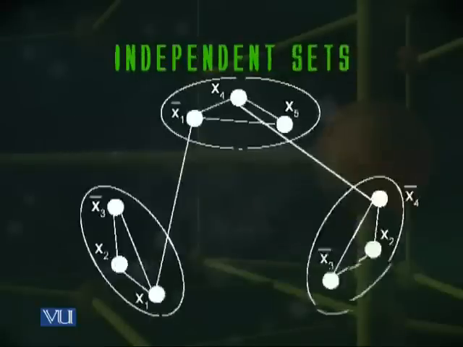So in this example, let's see how this graph is made. The first cluster consists of 3 vertices which are labeled x1, x2 and x3 bar. Those were the vertices in the first clause, and as you can see, all these vertices are connected to each other. The second cluster consists of 3 vertices x1 bar, x4 and x5, and within this cluster, all three vertices are connected to each other.